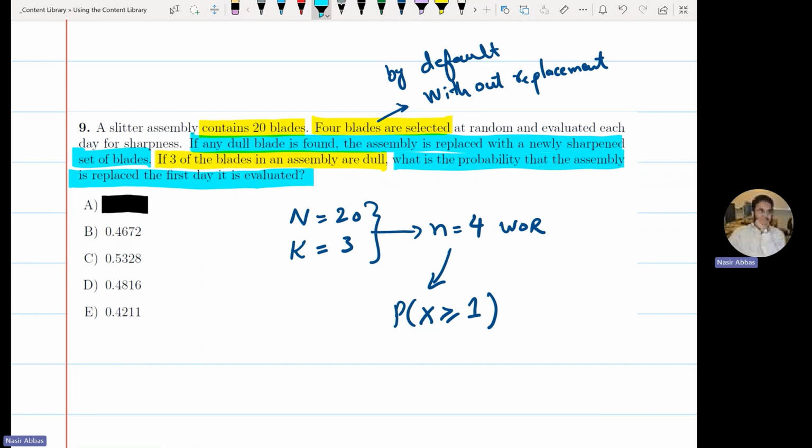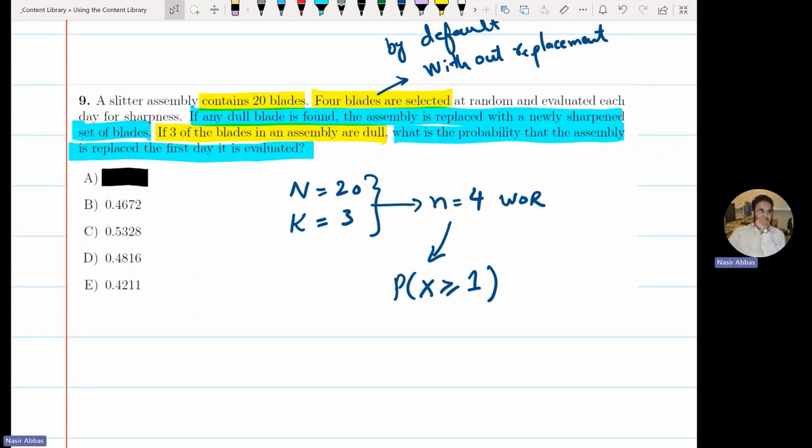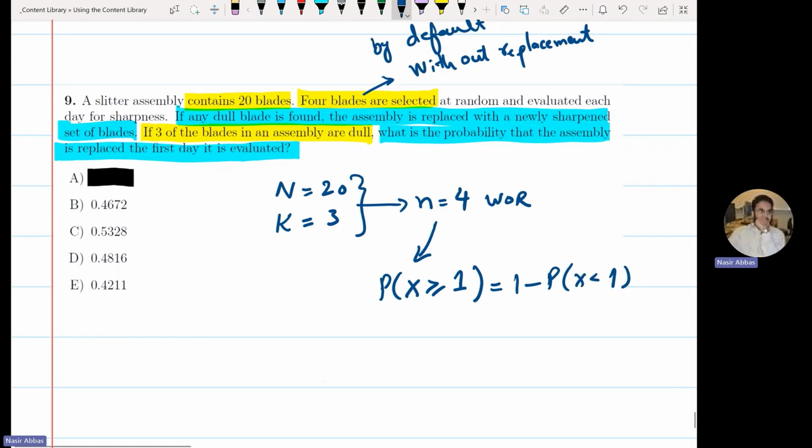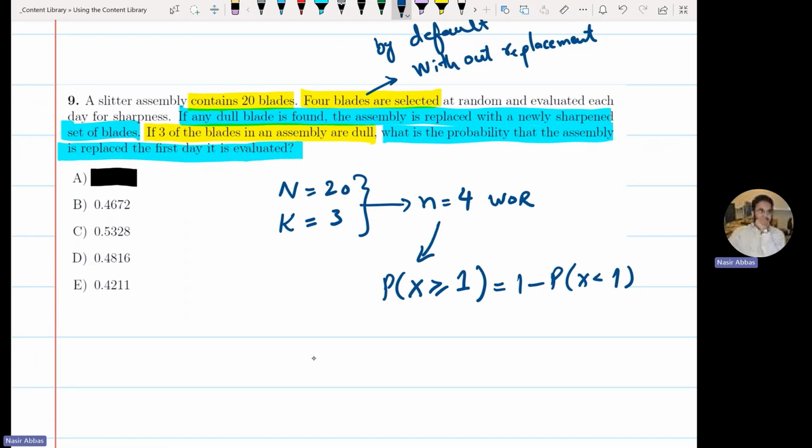That means on the first day you will find a dull blade, either 1 dull blade or 2 or 3 or all 4 dull blades. Now the easier way of finding this probability is through the complement rule. So you can write this as 1 minus the probability of X less than 1, and the only value of X less than 1 which is possible is X equals 0.